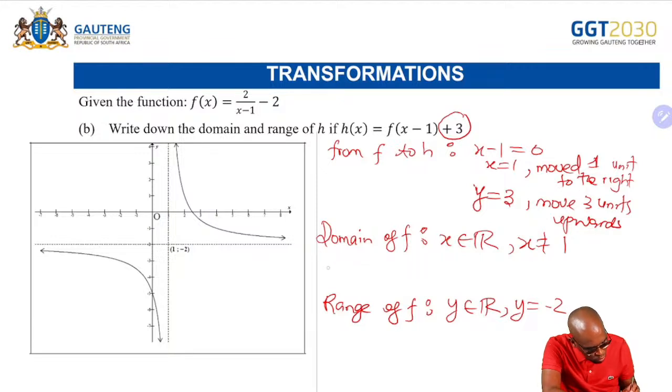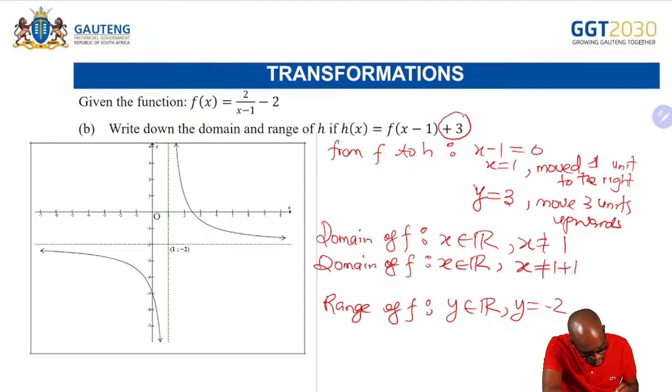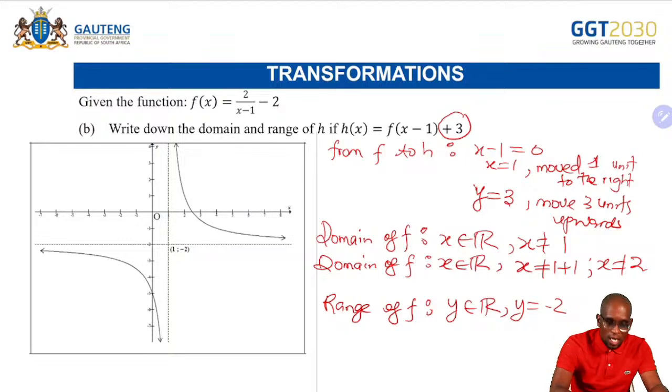To the domain of f, we're going to move it 1 unit to get to the domain of g. So x cannot be equal to 1 plus 1, which means that x cannot be equal to 2. What I did there was, I moved by 1 unit to the right.